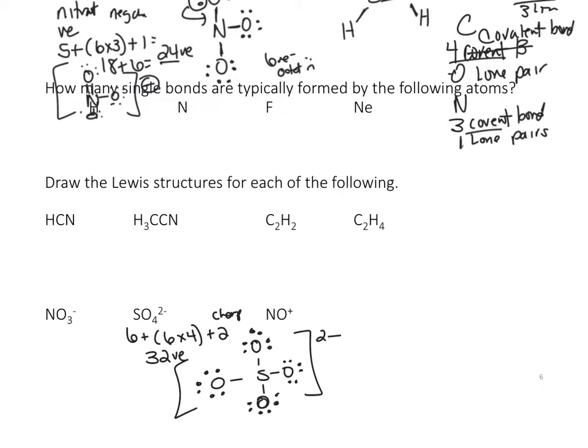Okay, what about NO2 with a positive charge? Nitrogen is group 5, oxygen is group 6. So you're going to take 17 and then subtract an electron for the positive charge. So you have 16 valence electrons to work with, and here you have the connectivity.